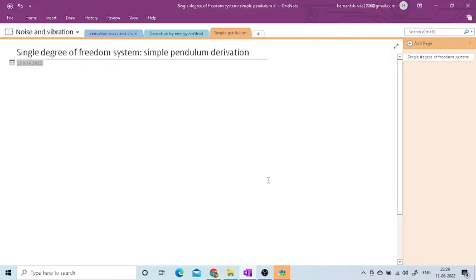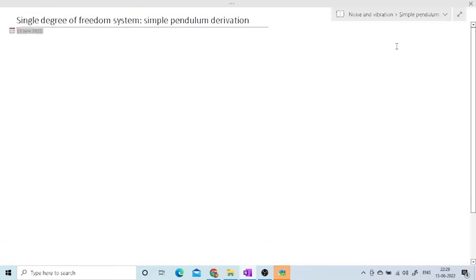Hi friends, in this session we are going to derive the natural frequency for a simple pendulum.